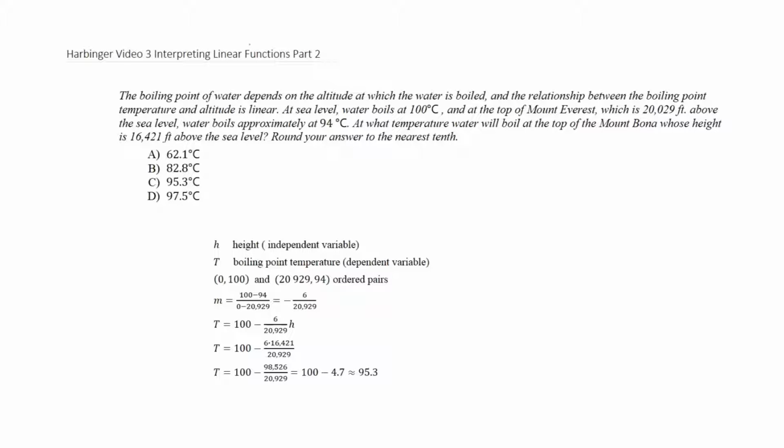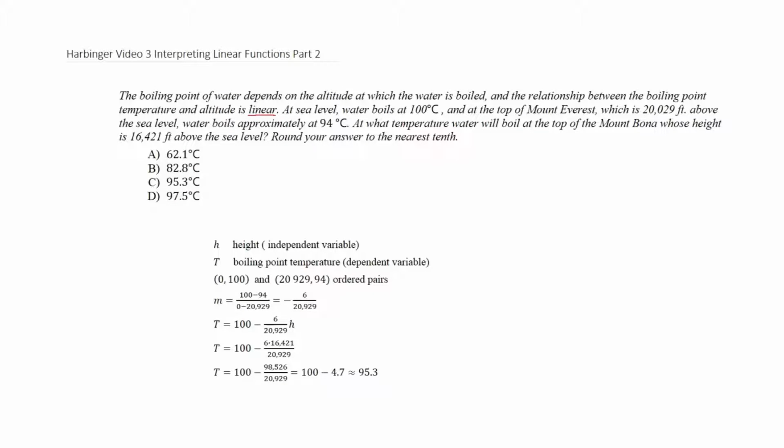Now let's look at another problem in which we also have to solve for one variable. The boiling point of water depends on the altitude at which the water is boiled, and the relationship between the boiling point temperature and the altitude is linear.